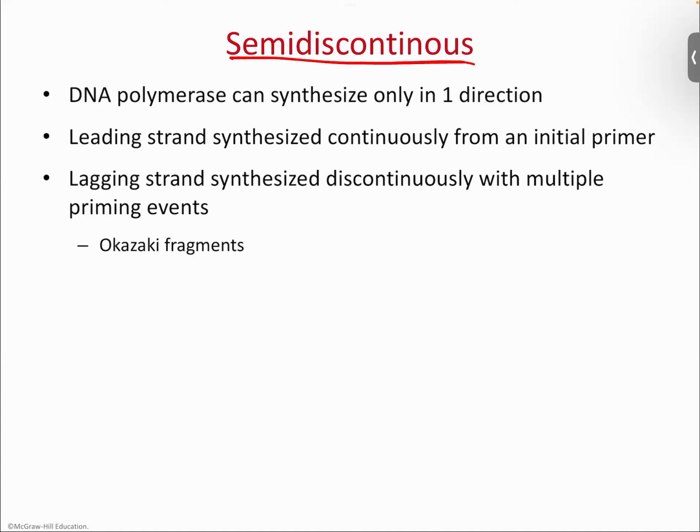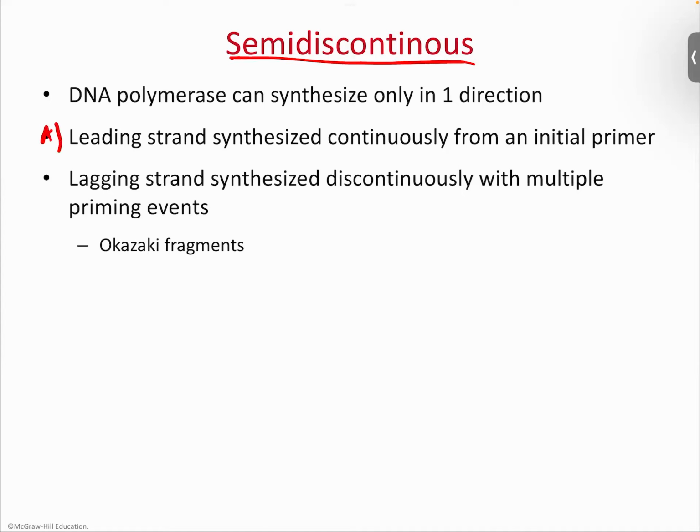But basically, semi-discontinuous means that the two strands don't have the same mechanism. Continuous means that if you get started, you just go until you're done. Discontinuous is that you're kind of jumping around. You do one batch, do another stretch, and it's a disjointed kind of process. When you're semi-discontinuous, that means a part of you just gets started and does it from the beginning.